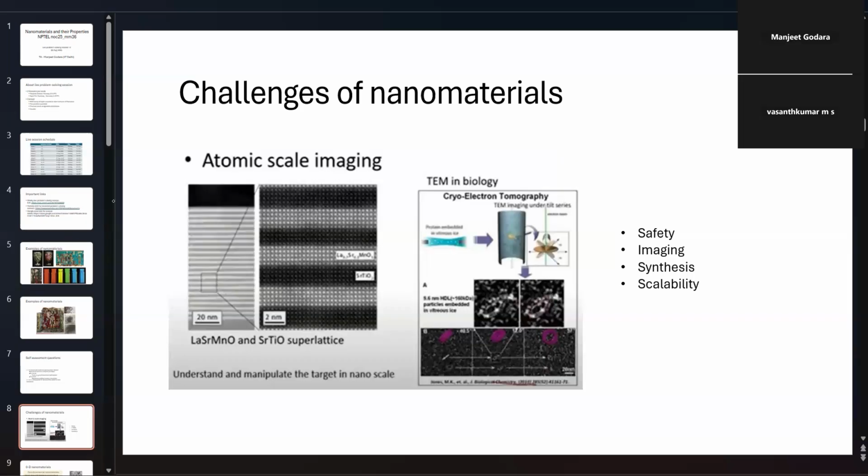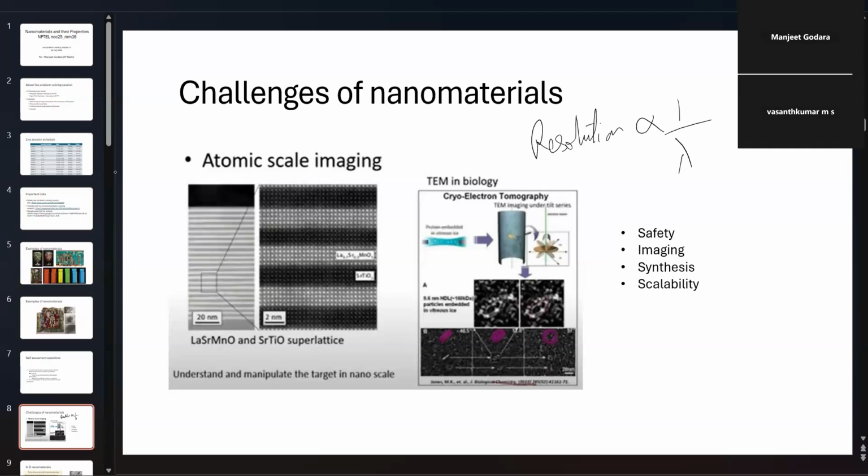So if you know, resolution is inversely proportional to the wavelength of the light, the resolution of the optical microscope. The wavelength is high.